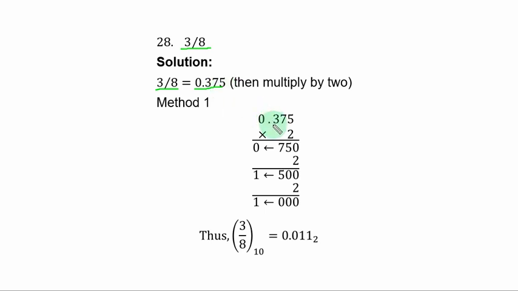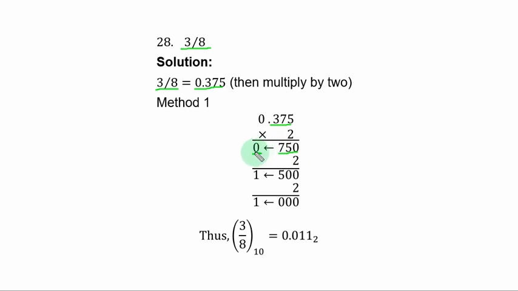We multiply the non-zero digit part by base 2 continuously until the last result is 0. So if you multiply 375 by 2, you have 750. The remainder is 0.